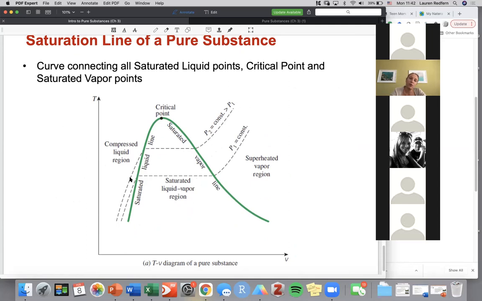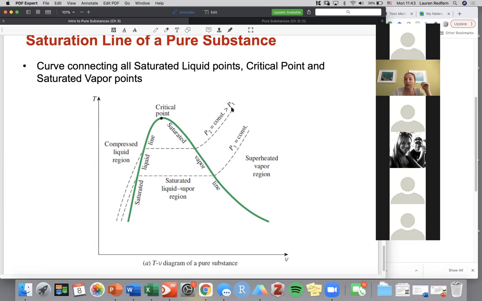We're coming up to our saturated liquid vapor region, our saturated vapor, and then our superheated vapor. But these are also dependent upon the pressure. So at different pressures, you can have a different line. So here's pressure 1, here's a higher pressure, pressure 2. So this might be at 1 atm, this might be at 2 atm. So your line will shift.